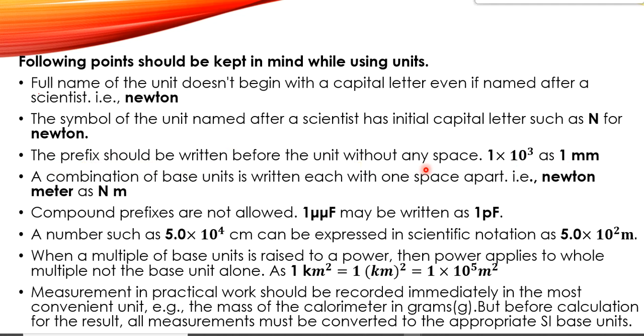Prefix means the starting value and suffix means the ending value. The prefix should be written before the unit without any space. Here it is the prefix and this is the unit.